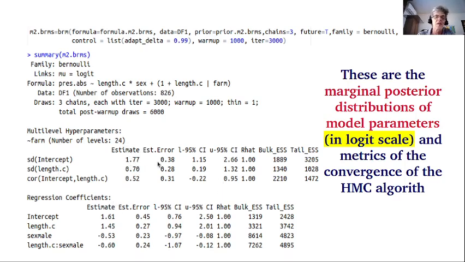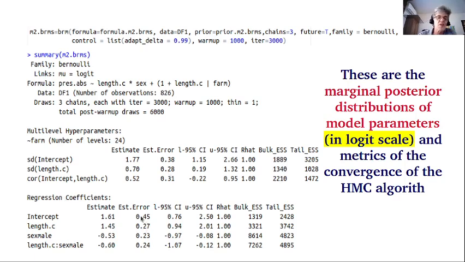This is the mean, the standard deviation that here corresponds to the standard error for each of these parameters, and the 95% credible interval for each of them. We said that the R-hat coefficients are all equal to 1, and that we have a large number of statistically independent sample values in each of the chains, suggesting that the model has indeed fitted very well to the data.